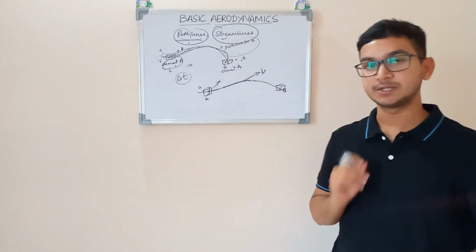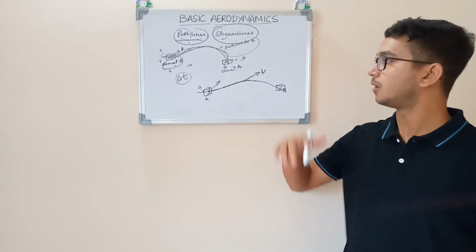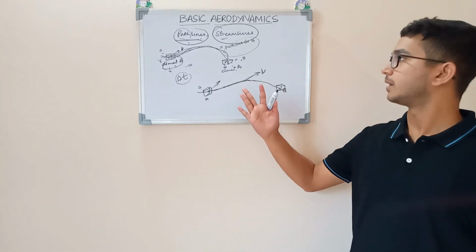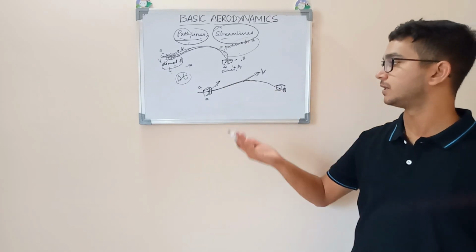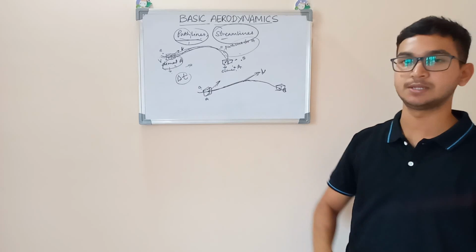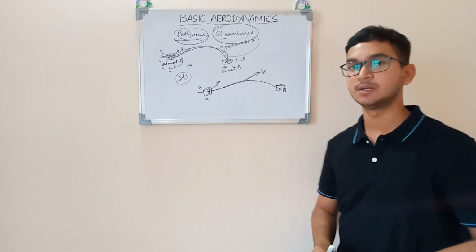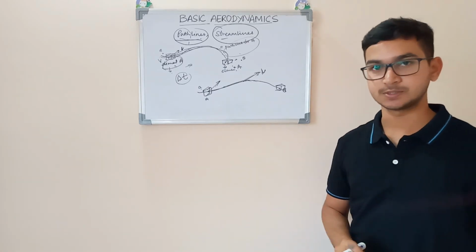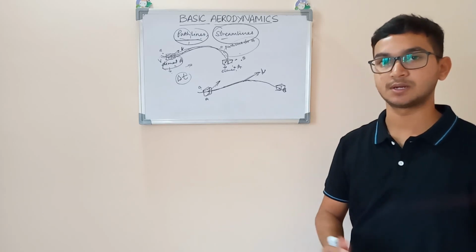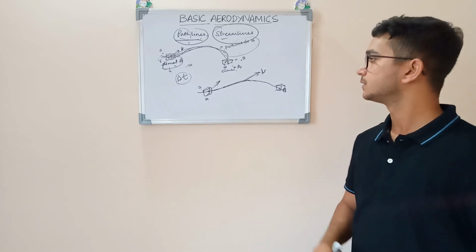Another question is how to relate it in a mathematical way. If I try to apply my theory of streamlines mathematically, I would like to derive equations which tell me how the streamline goes and how it works in aerodynamics. So let us see.